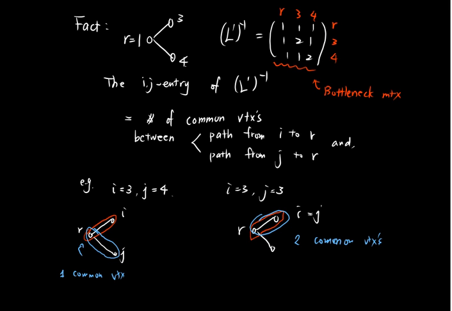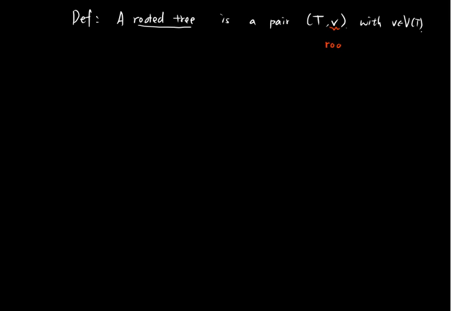So now let me give you the formal definition, and then we're almost done. For the bottleneck matrix, we consider a structure called a rooted tree. And a rooted tree is just a pair, which is the tree T and the root V. And this V we call the root.